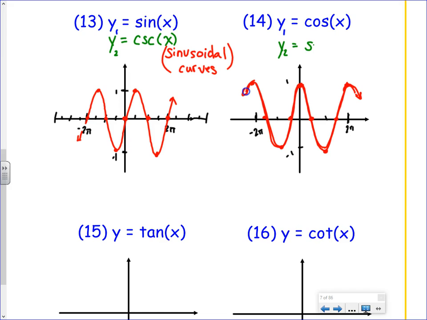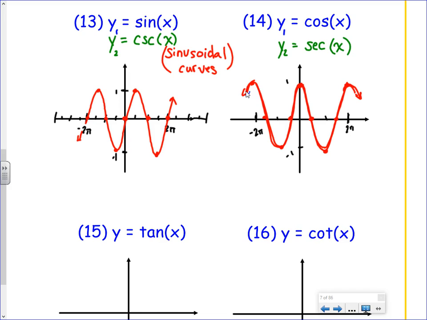Didn't I show you guys last year? The easiest way to draw cosecant and secant was to bounce off sine and cosine. Cosecant of x equals 1 over sine of x.